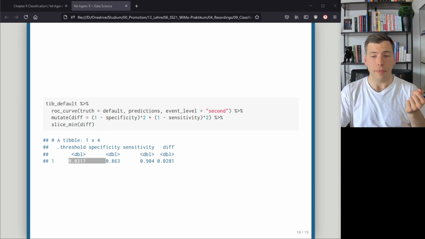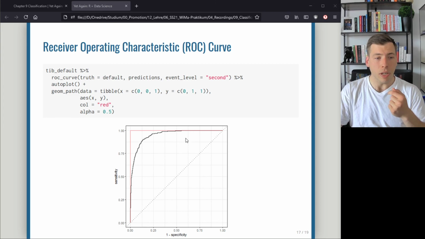mention is that from the ROC curve, you can also get another measure of your classifier performance by computing the area under the curve. If we look at our ROC curve again, we could compute the area below this black curve here.